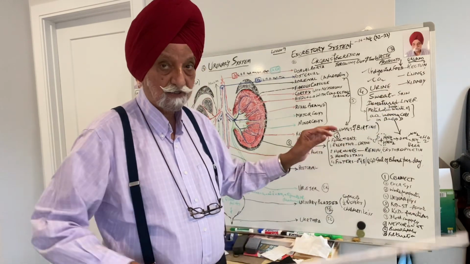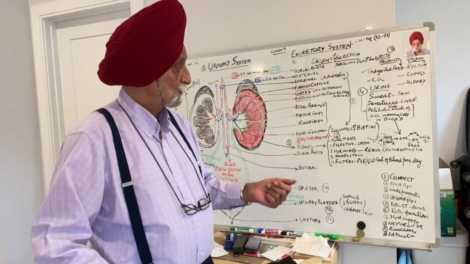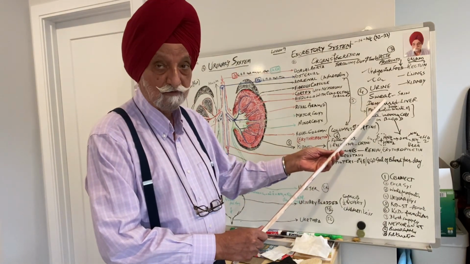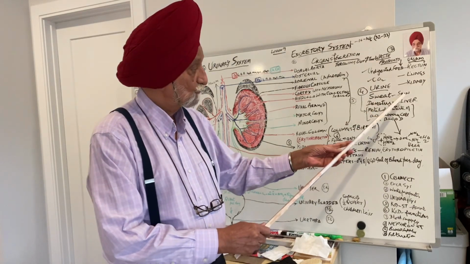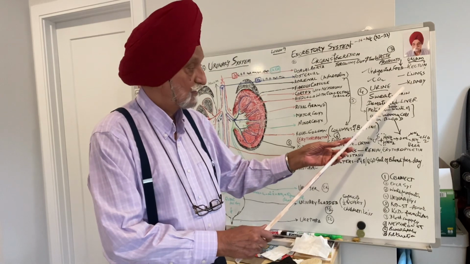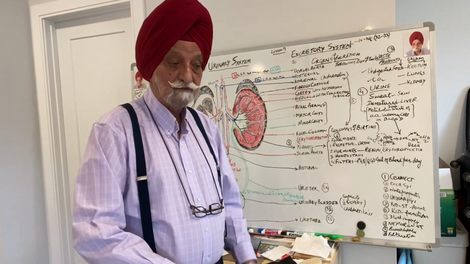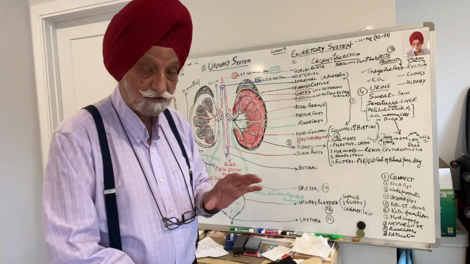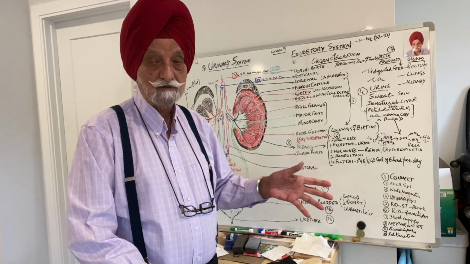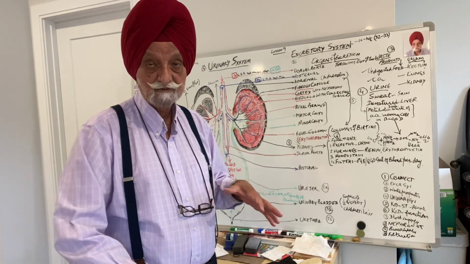Now, before I tell how the urea is formed in our body, we shall see the next waste product from our body, which is sweat, which is removed or eliminated by the skin. And the liver is an organ which removes all the substances which we don't need, like medicines, alcohol, or all those things which are produced in our body also.